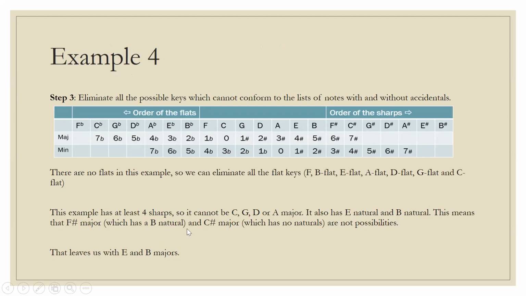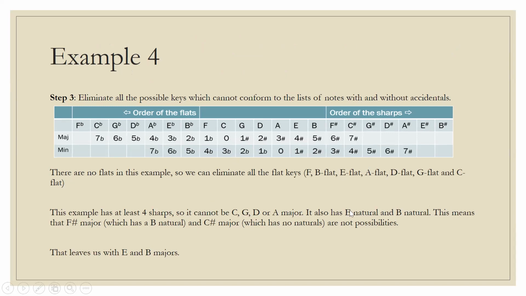So it's got at least 4 sharps. So that rules out 1, 2, and 3 sharps, and 1, 2, and 3 sharps for the minor keys. So we're either working with E major, B major, F sharp, or C sharp major, okay?